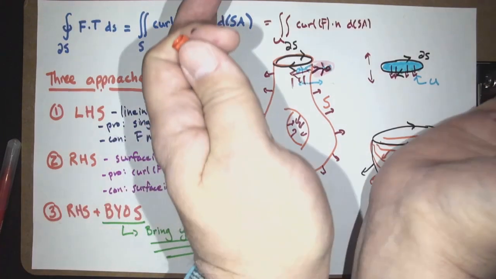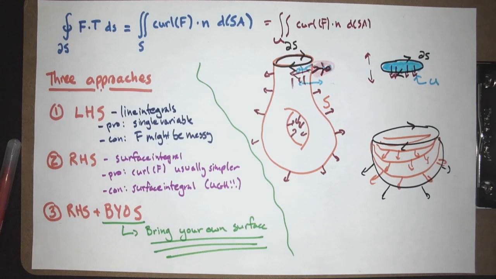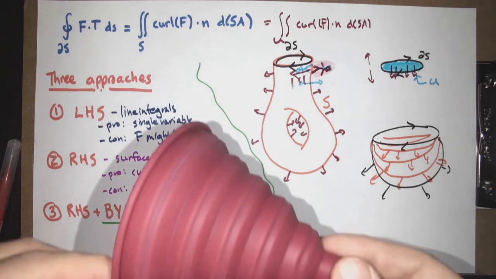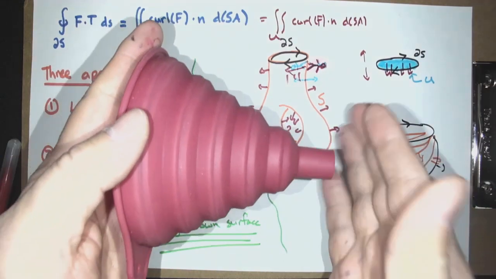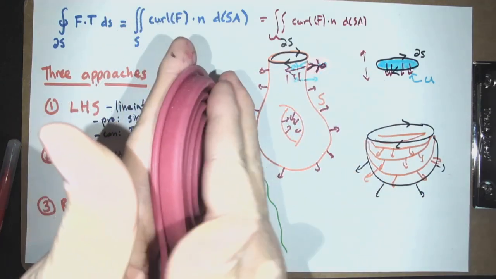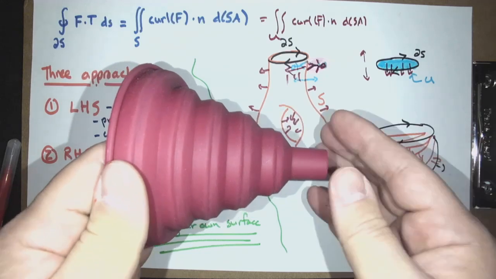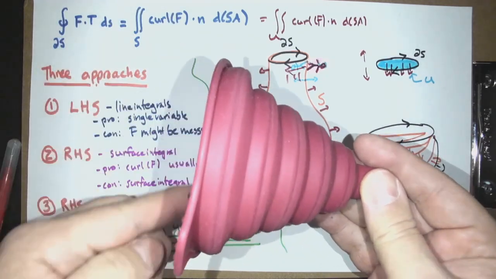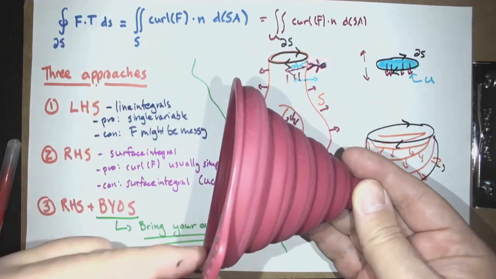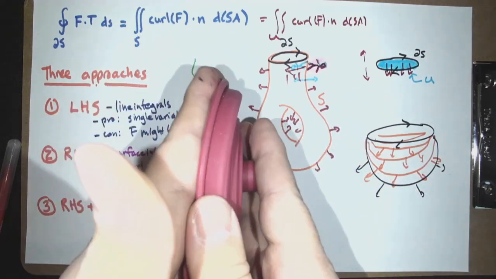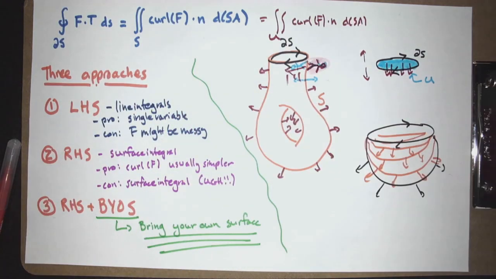So we can deform the surface. As an example, I have a little funnel here, which looks suspiciously like a cone. But I can just push it flat. So now, instead of integrating over a cone, because they have the same boundary, the same circle, I can work over the flat disk. So that's an example. All right.